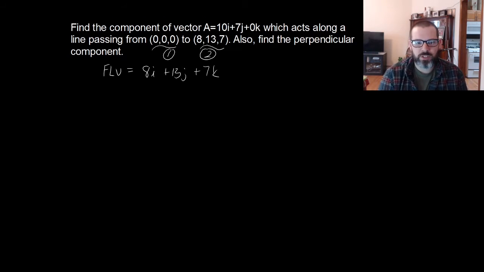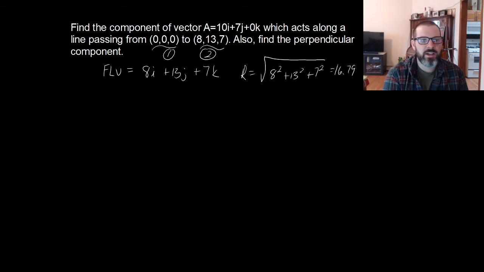I'm going to find the resultant of that vector using Pythagorean theorem. So I'm going to do 8 squared plus 13 squared plus 7 squared. That equals 16.79. And I can divide each of my components here by 16.79 so that I can get a unit vector.